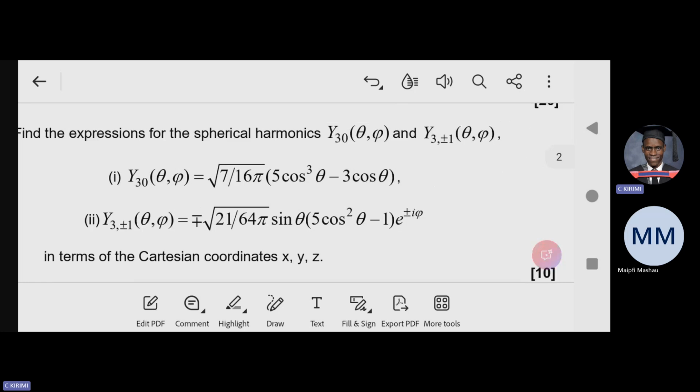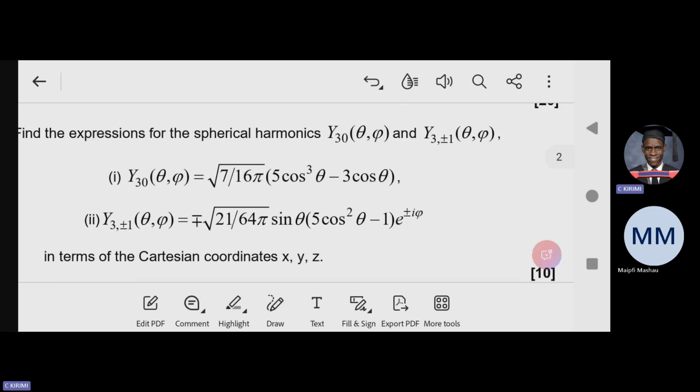Y30, which means we have Y30 of theta and phi is equal to root of 7 over 16 pi, and then Y3 plus or minus 2 of theta and phi is equal to plus or minus root of 2, root of 21 over 16 pi.